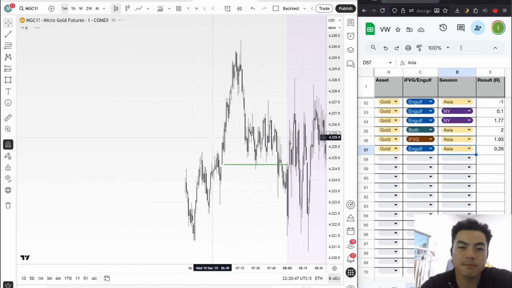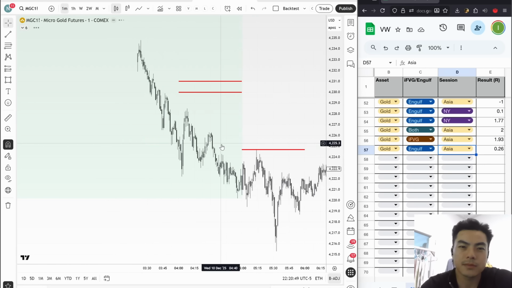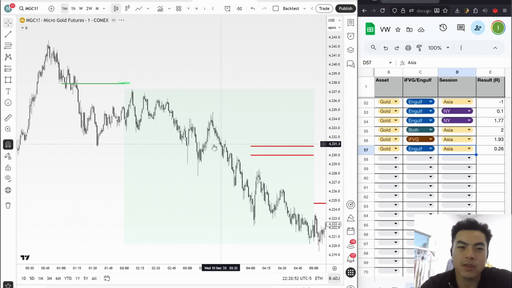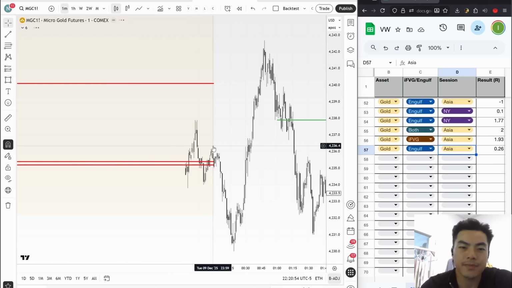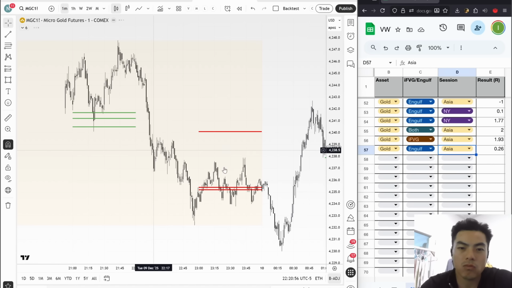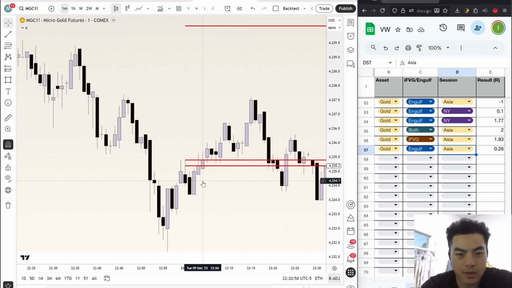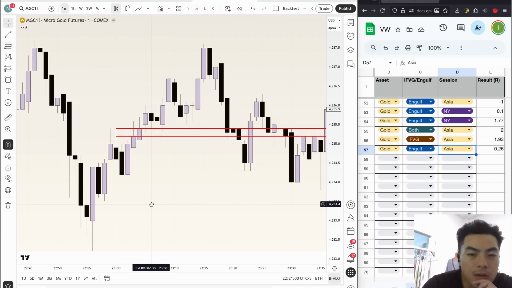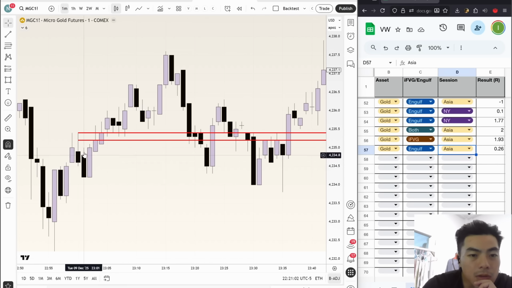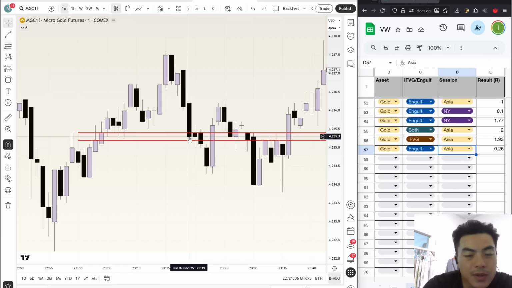Nothing there. Nothing there. Okay, let's have a look. So, right, close above, close below. Here is your entry, because we get an inverse fair value gap.